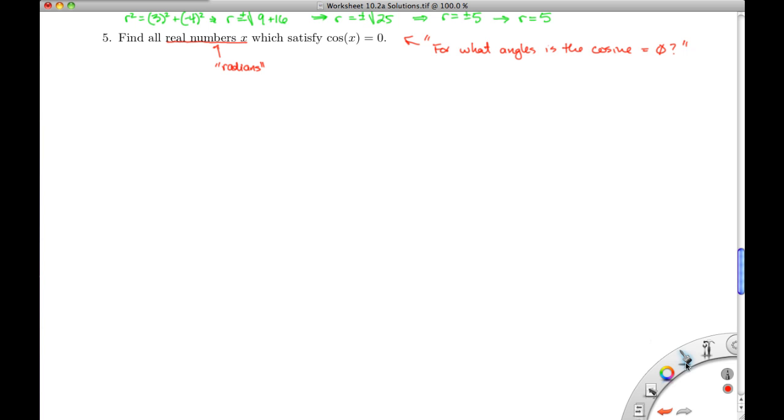Well, if we sketch this out, one of the things that we talked about in problem 1 is that the cosine is always equal to 0 on the y-axis.